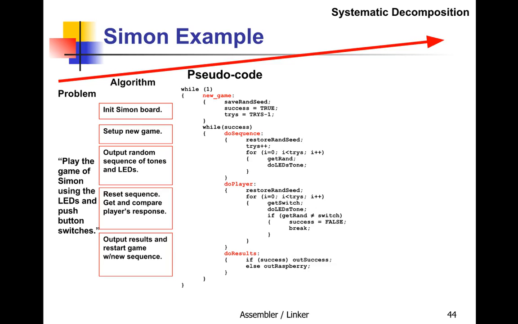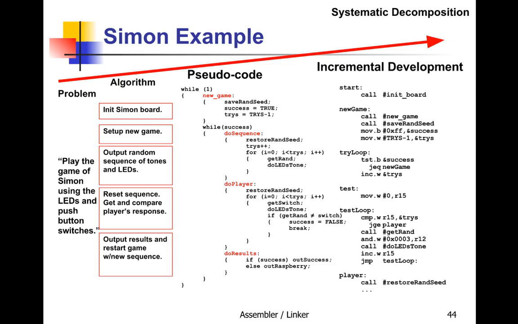So how do we change this pseudocode into something more like assembly code? So we do incremental development. So here we go. We're going to use a lot of subroutines. We'll fill in those subroutines as we get to them. So we call the subroutine init the board, and then we got this new game, and we call the new game and save the random seed and so on.